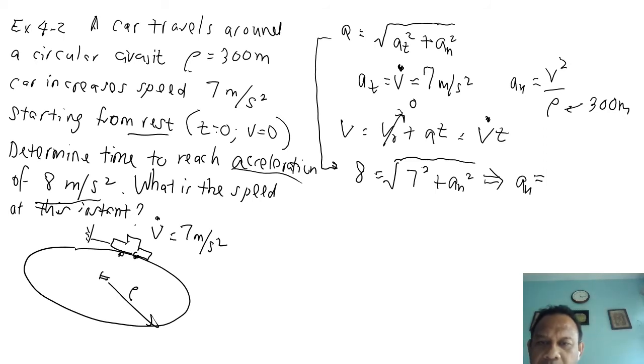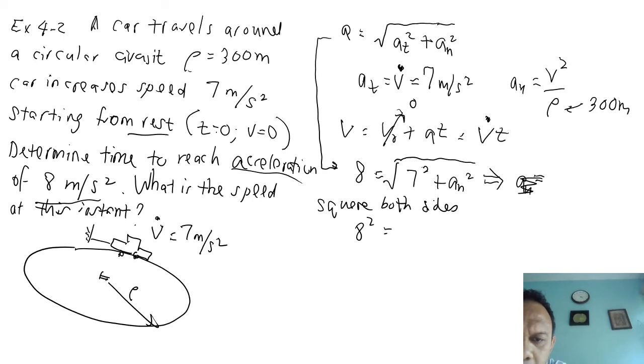So that simple calculation will give you an. So we square both sides. You get 8 square equals 7 square plus an square.